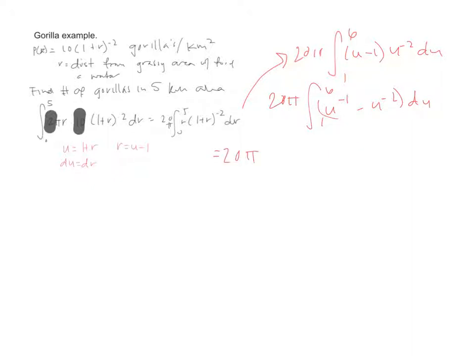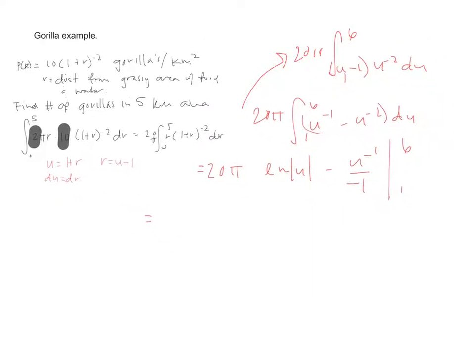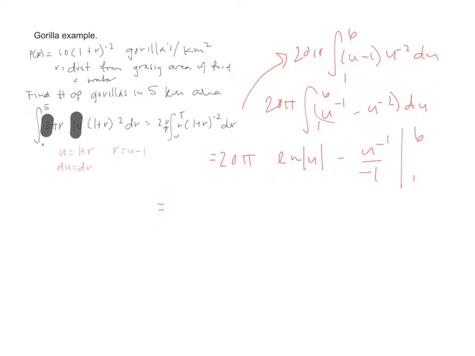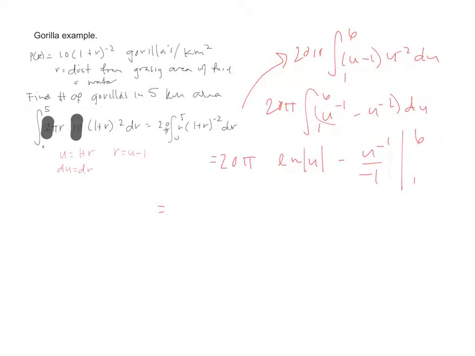20 pi times the antiderivative: ln of u minus u to the negative 1 over negative 1, all from 1 to 6. So, 20 pi times ln of 6 plus 1/6 minus ln of 1 plus 1.